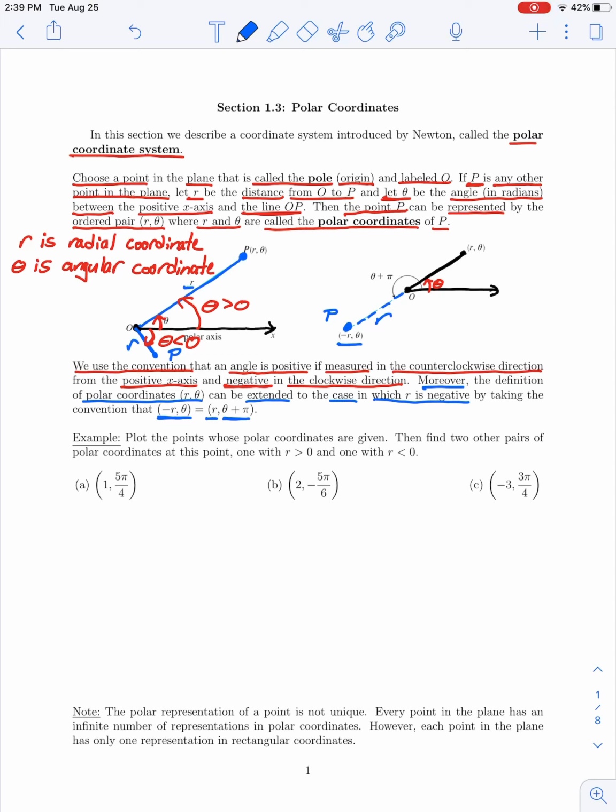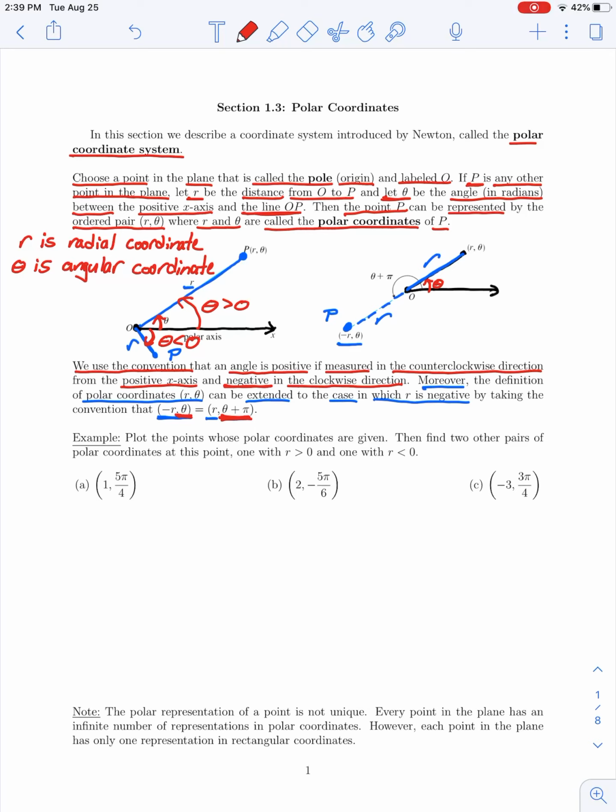Or an alternative way to define this would be once we've rotated by theta, we could move in the positive direction of that line by r units. But since r was supposed to be negative here, we would then change our angular coordinate to be, instead of theta, theta plus pi.